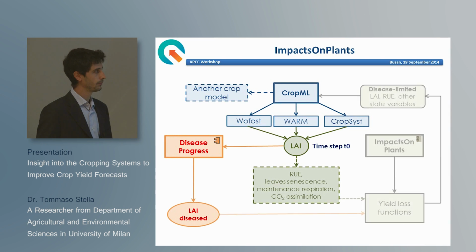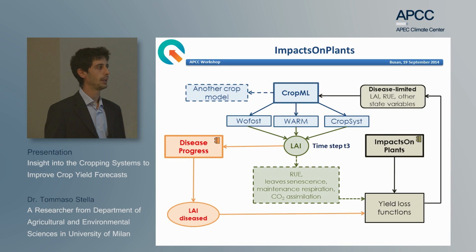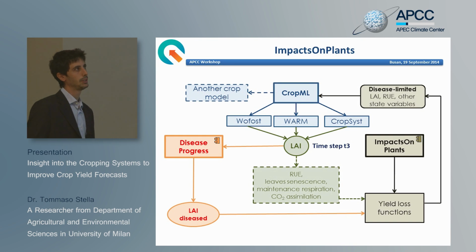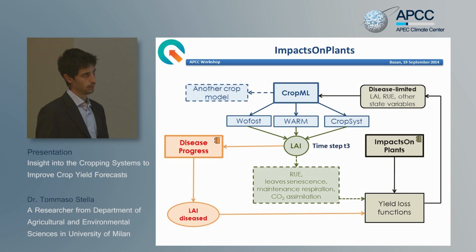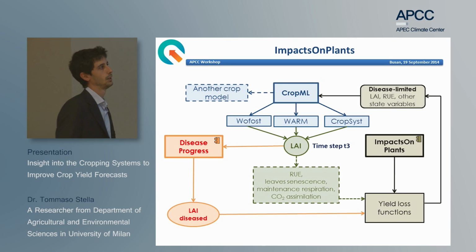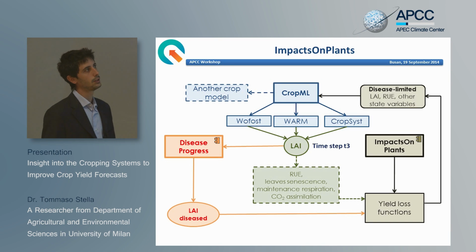At this point, the component impacts on plant can calculate directly a yield loss function basing on the tissue affected, or can update iteratively the variables within CropML, for example, the state variables of the model, leaf area index. So it updates the value of green leaf area index as reduced by the impact of the pathogen, or a new radiation use efficiency, and so on.